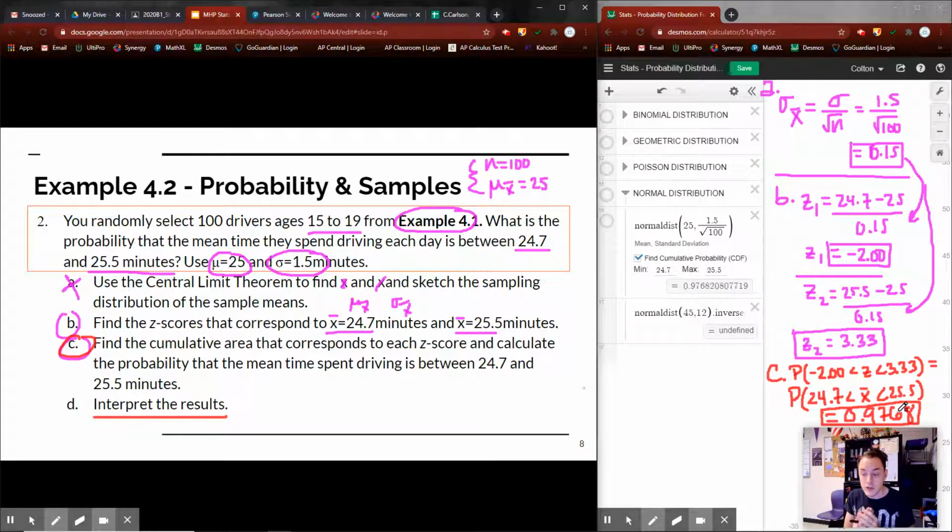So of those 100 drivers, about 97.7% have a mean driving time of 24.7 to 25.5 minutes. That's the interpretation. Sweet. Okay, so we did that question.